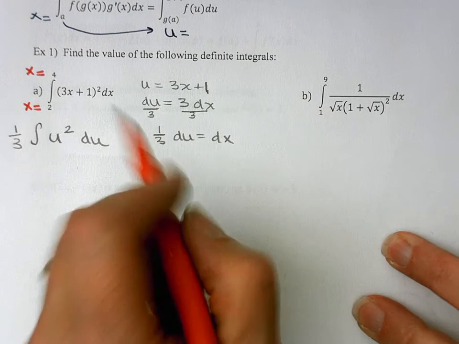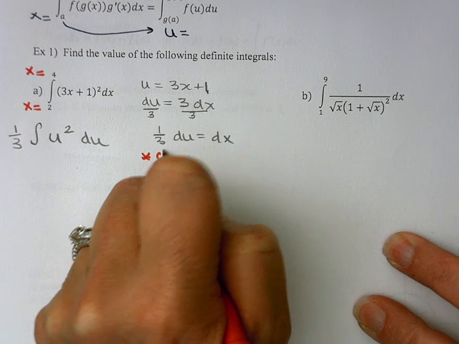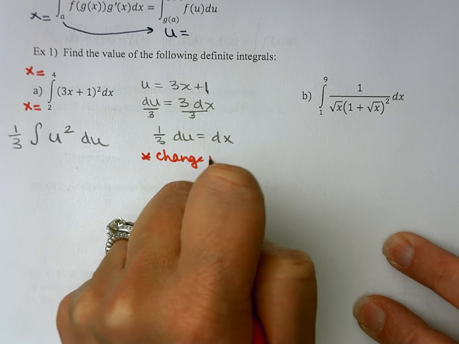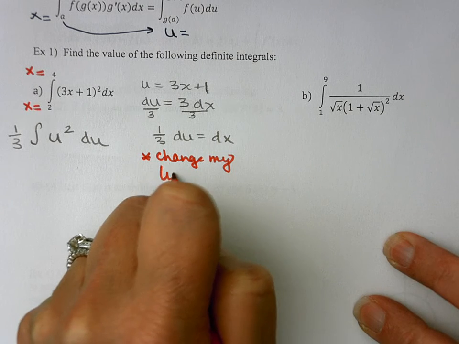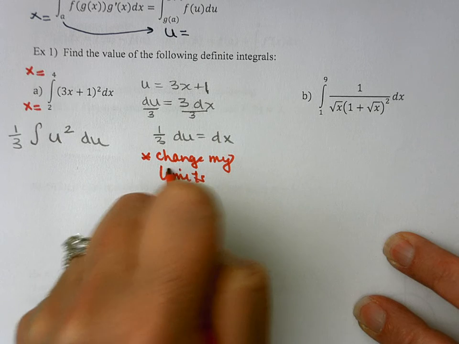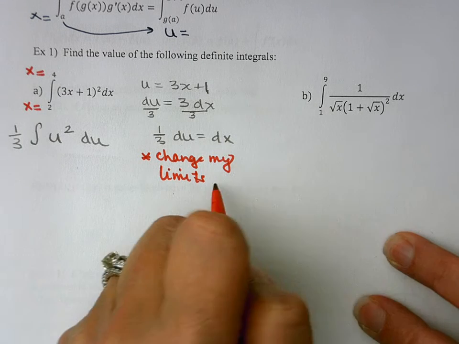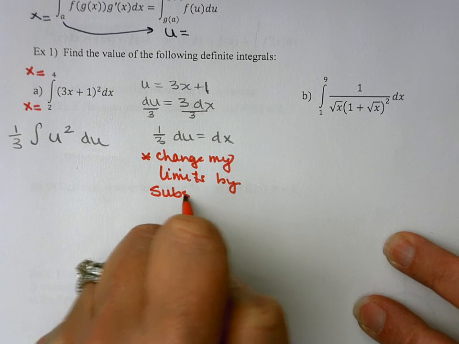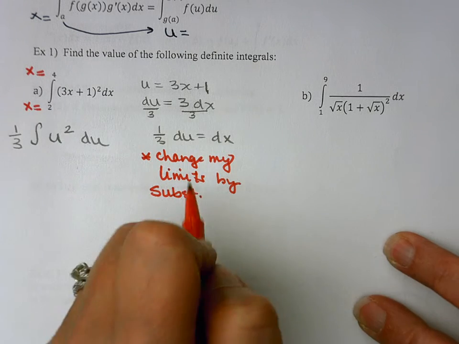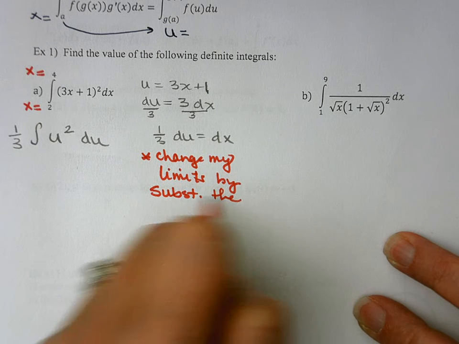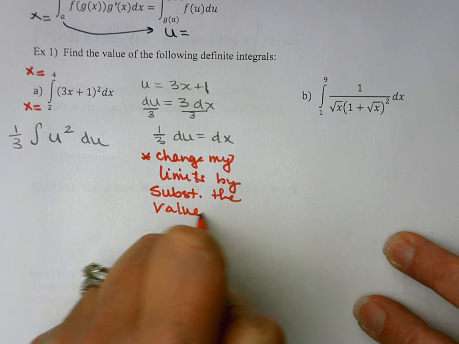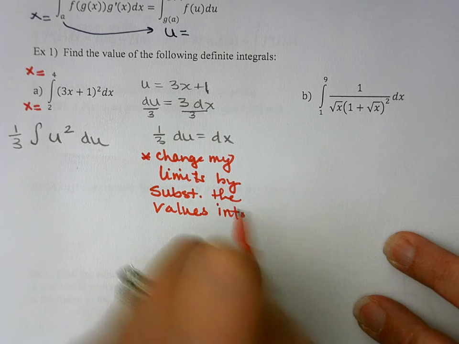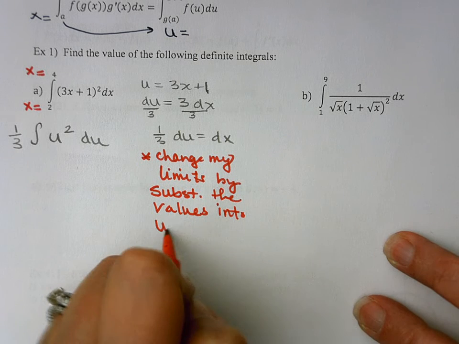Okay, so in order to change my limits to align with the variables, I need to substitute my limit values, right? Into whatever I let u equal.